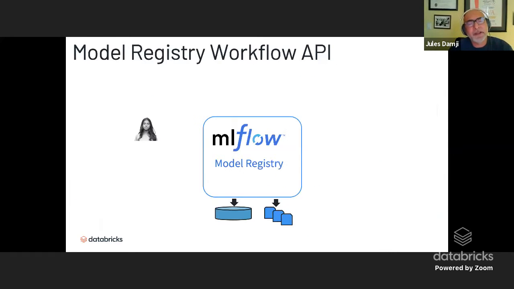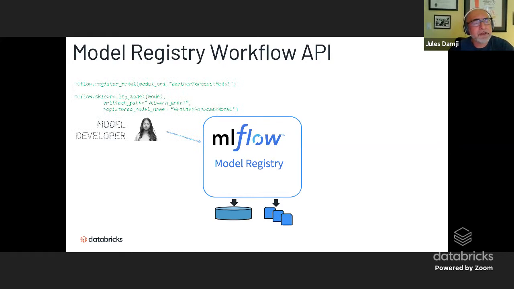Now, in a similar way you can do that with the APIs as well, right? A lot of developers really don't like to use the UI. They can do pretty much the same thing from the IDE or from their Python file. And you use the model registry API, the client API, to go ahead and register the model, right?